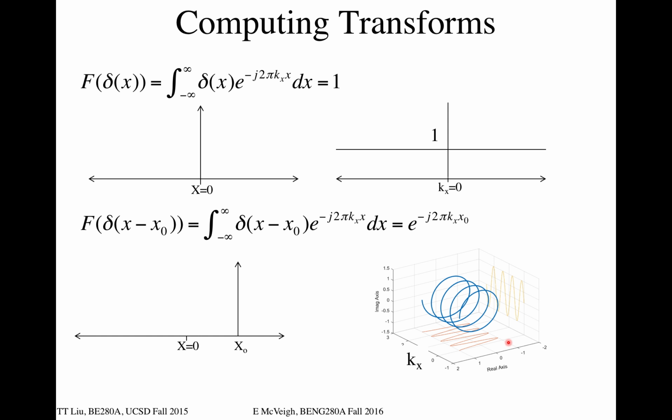It's got phase as I move along as a function of kx. It oscillates in particular with this frequency 2 pi x naught. And so if I move this farther out, this frequency increases. If I bring it closer back to the origin, this oscillation decreases until finally when I'm at the origin, the oscillation is gone and it's a constant.